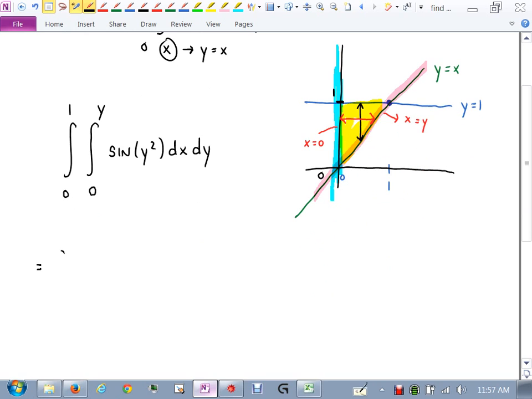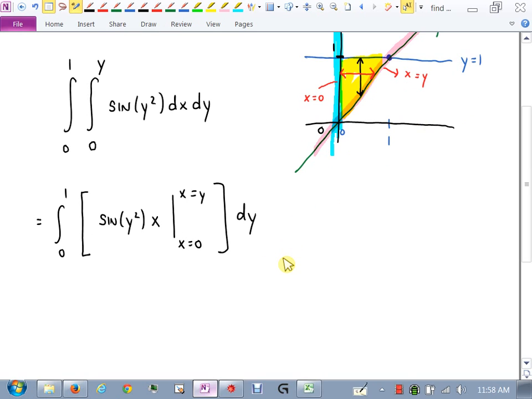So this will be integral 0 to 1, my inner one is sine y squared times x evaluated from x equals 0 to x equals y, and then my outer one dy.